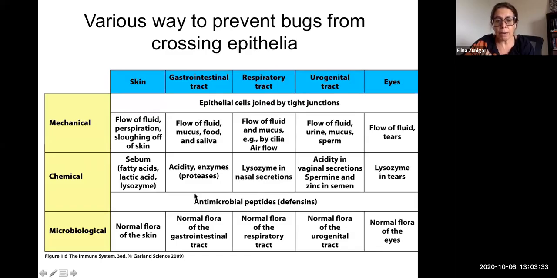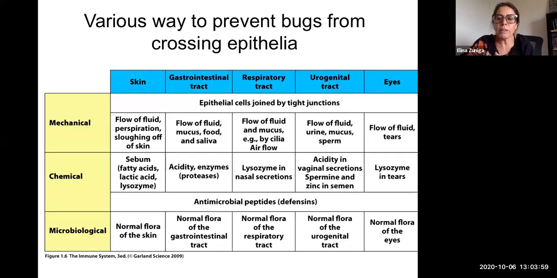The other chemical barrier is the antimicrobial peptides that are throughout all these surfaces, and are produced in many cases by epithelial cells. And as I mentioned before, some of these antimicrobial peptides can form pores in the surface of the pathogen to promote their lysis.